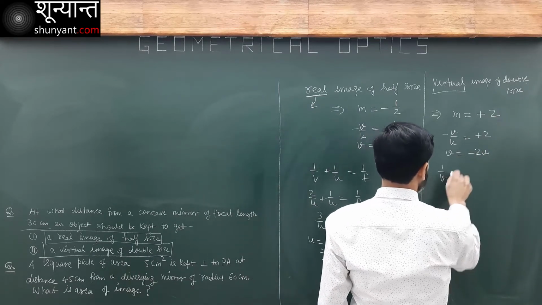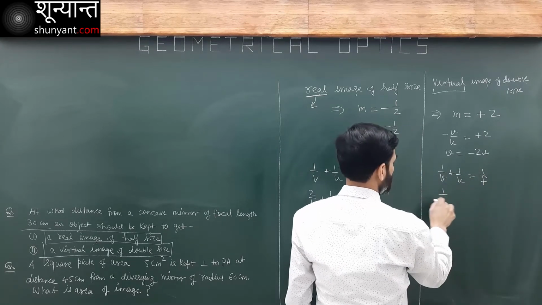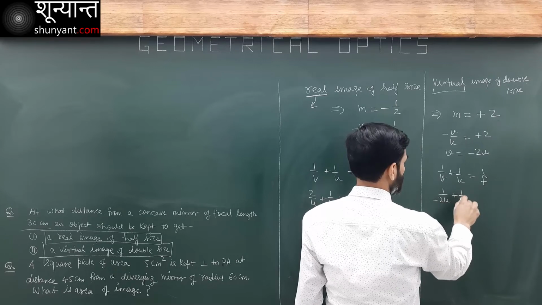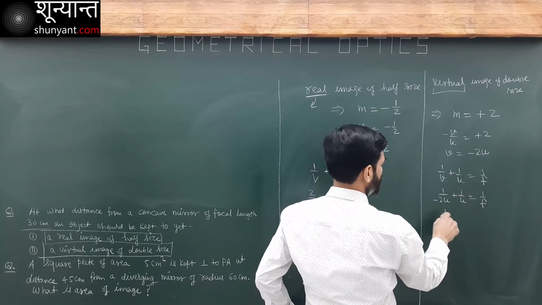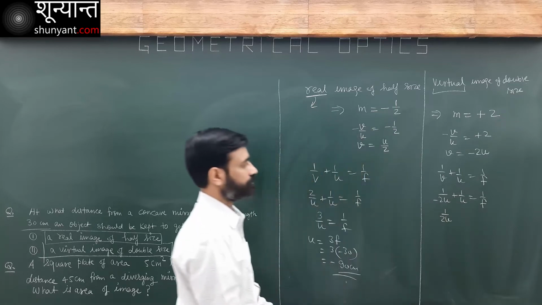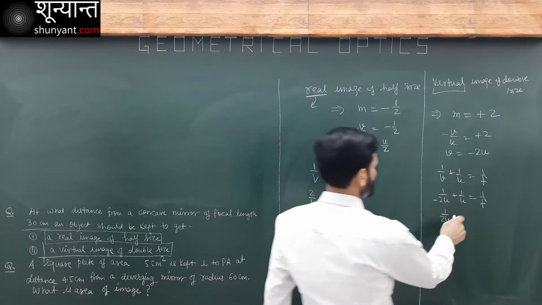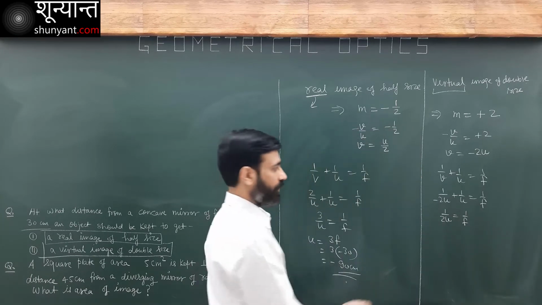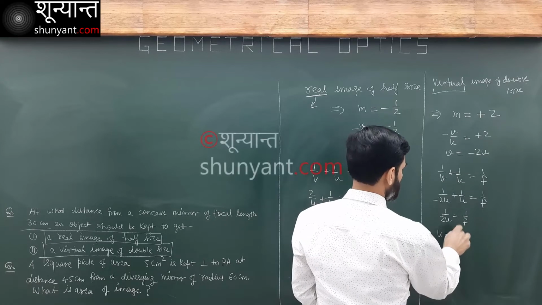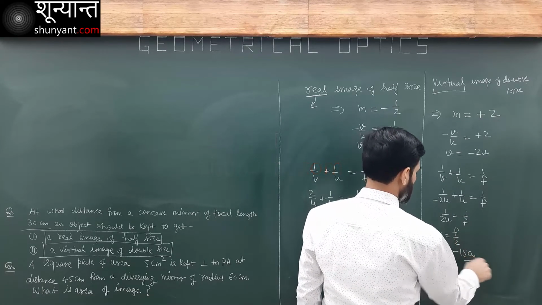So I have 1 over v plus 1 over u is 1 over f. So 1 over minus 2u plus 1 over u is 1 over f. This becomes 1 over 2u, which is going to be equal to 1 over f. What is u? It is going to be f over 2, so minus 15 centimeter.